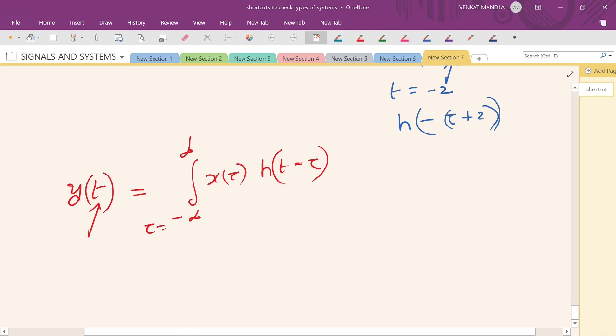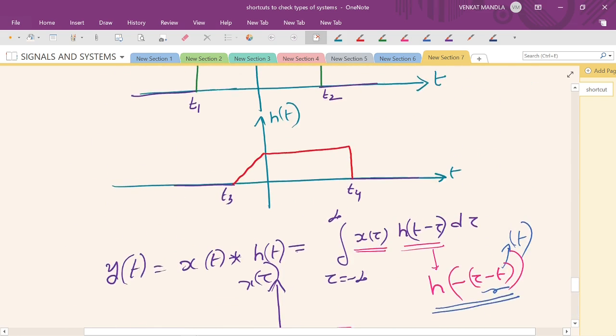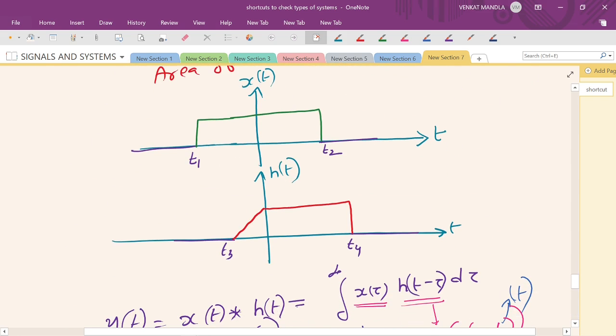If I find out the t limits, then I will find out the y of t, from where to where the signal exists. The signals are existing, one is t1 to t2 x of t, and another h of t exists from t3 to t4. I need to find out y of t, from where to where the signal exists.